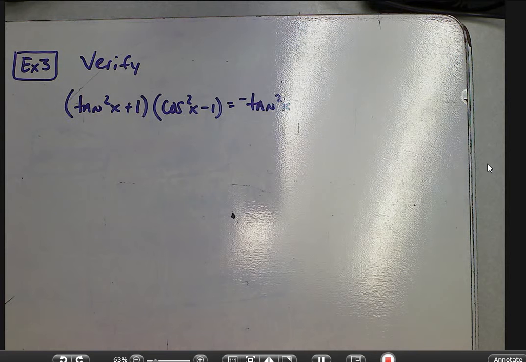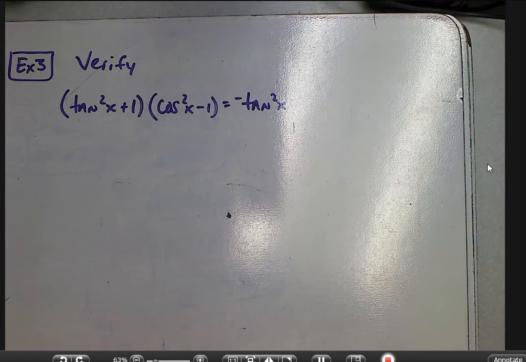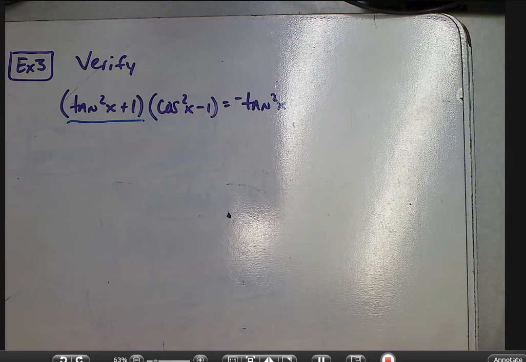Example 3, another verify problem. We're still trying to verify. This time we're trying to make the left equal to negative tangent squared of x. Okay? So the first thing I notice is that the tangent squared x plus 1 is going to be equal to the secant squared of x.